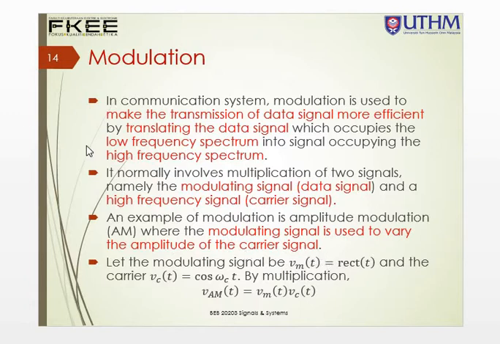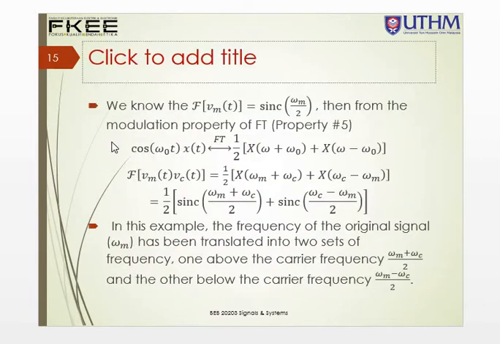Okay, so for example, if you have Vm equal to a rectangular pulse and Vc equal to cos(ωc t). By multiplication, V_AM, the amplitude modulation, is Vm times Vc. From here we know that the Fourier transform of Vm is a sinc function of ωm over 2.